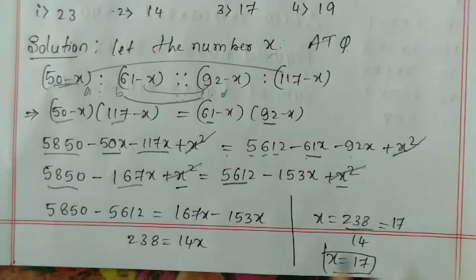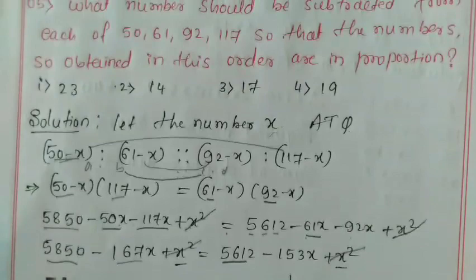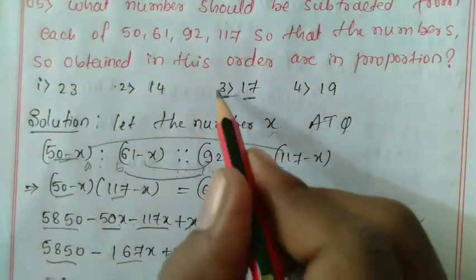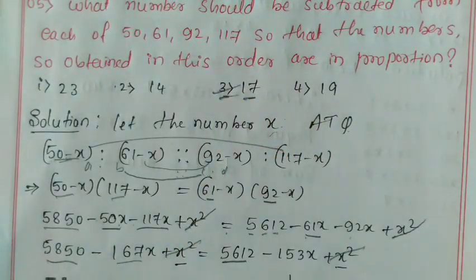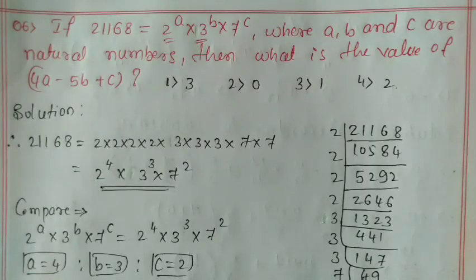Next you can bring this 14 this side, then this becomes divided by. Okay, so you can divide this one, then you will get here x value 17, right? So the correct answer is 17, that is third option is the correct answer. Okay, so next I will go to sixth question.